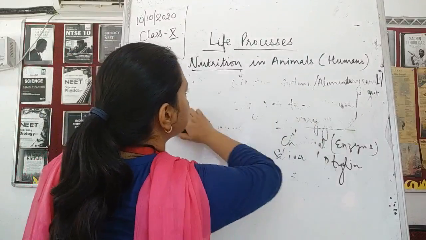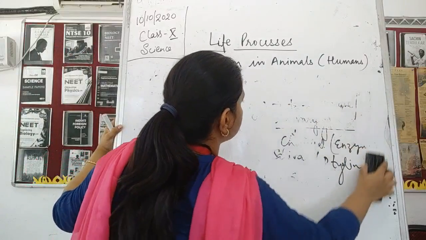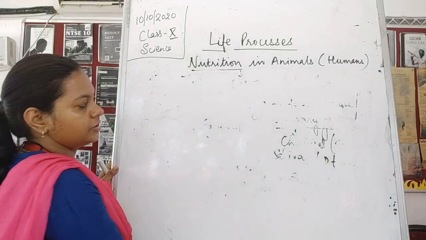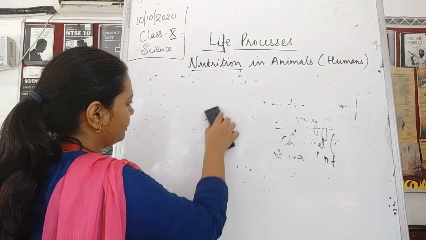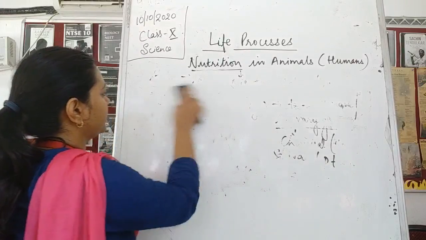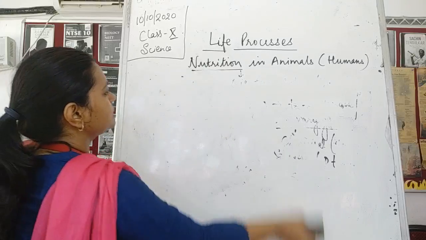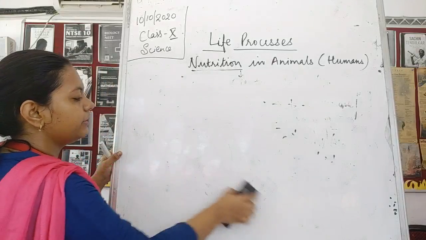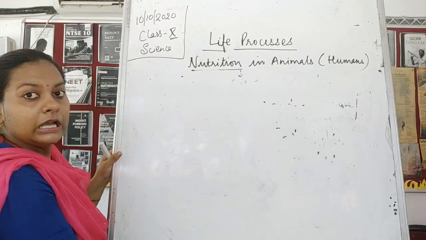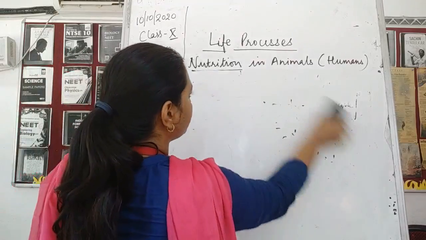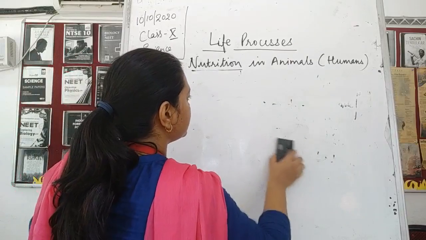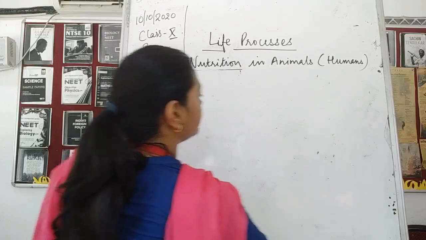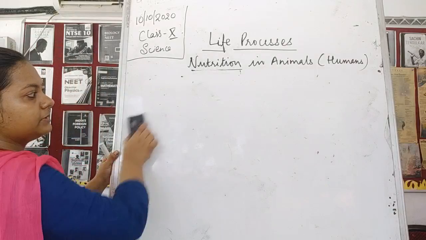So if I say that digestion was taking place inside the mouth, that was a partial digestion of the carbohydrate. Okay, so it is a partial digestion of carbohydrate, children. Then after that, what happens? Because of the partial digestion of carbohydrate, the complete digestion is going to take place inside the small intestine, where the other enzymes are going to be secreted from various places, and then it is going to be the action of these enzymes.